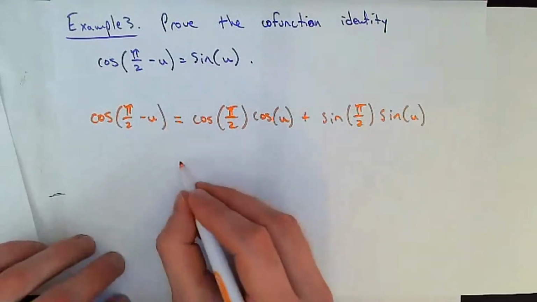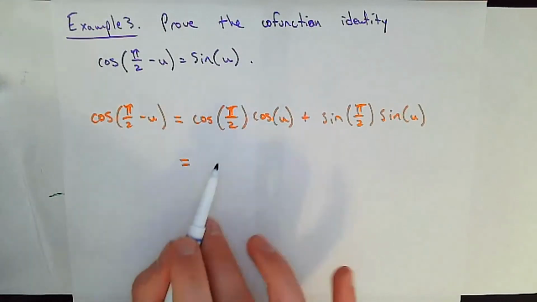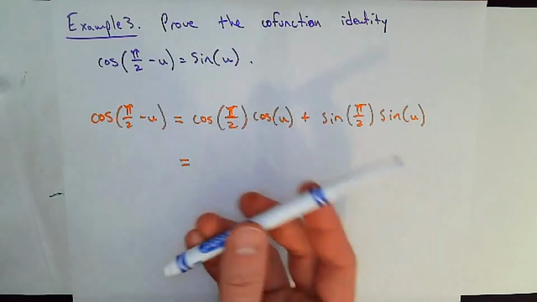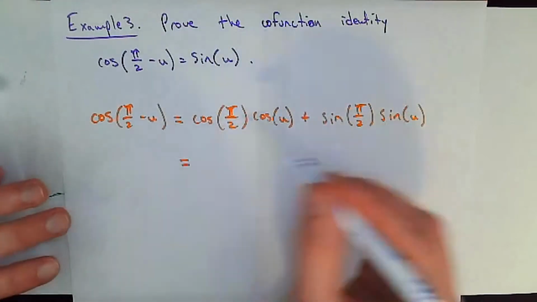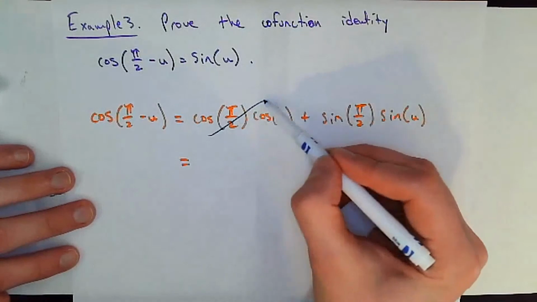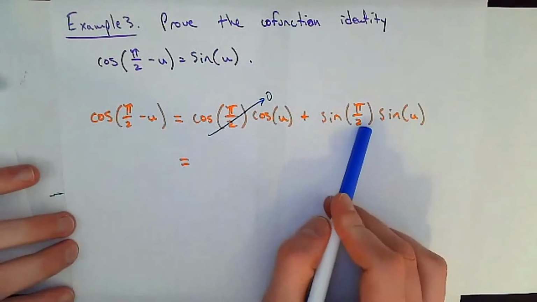Okay, so what does this do? Well, what is cosine of pi over 2? Remember, cosine is an x value. Pi over 2 is up on the positive y-axis. What's the x value on the y-axis? It's 0. Since this is 0, this whole term just goes to 0. What's sine at pi over 2?